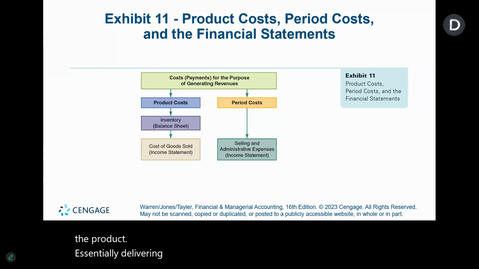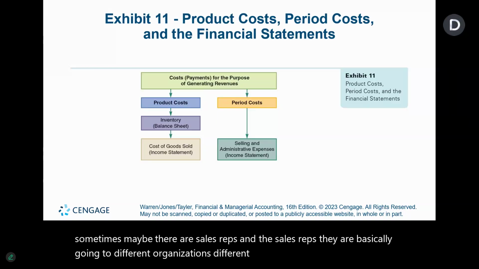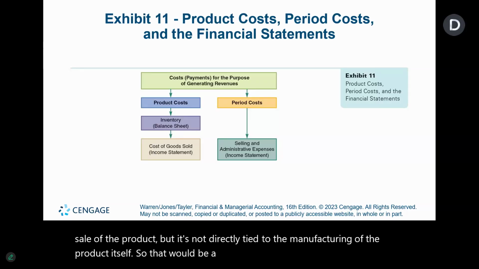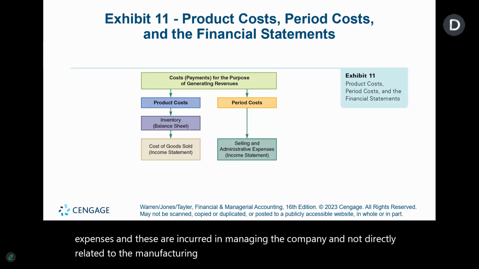Maybe there are sales reps who go to different organizations and businesses to pitch the sale of the product, but that's not directly tied to the manufacturing of the product itself, so that would be a selling expense. And then we have administrative expenses, which are incurred in managing the company and not directly related to the manufacturing or the selling function of the business.